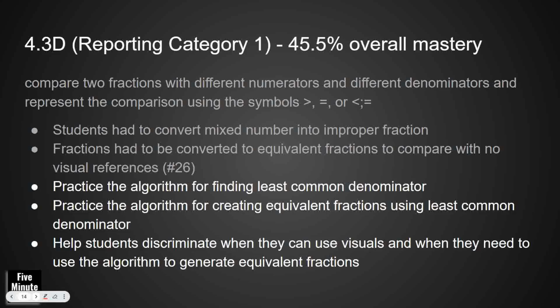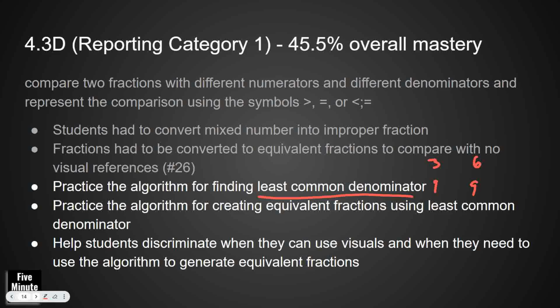All right, so we had to convert that, 1 and 4 ninths into 13 ninths. And then those fractions had to be converted to equivalent fractions with no visual references. So they need to practice the algorithm of finding the least common denominator, right? How do you find the least common denominator of 3 and 9 or of 6 and 9, right? Those are going to be slightly different. So they just need to practice finding the least common denominator.